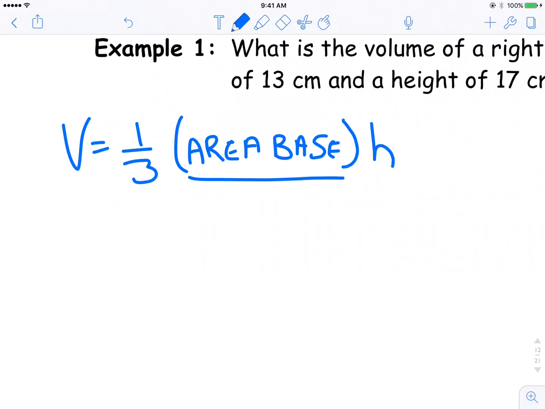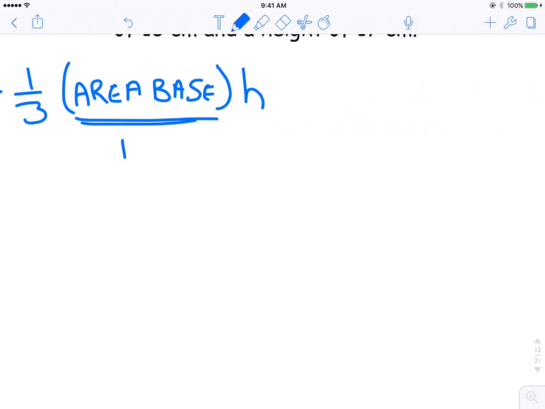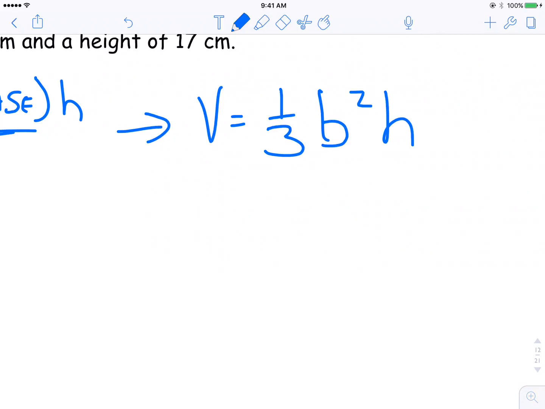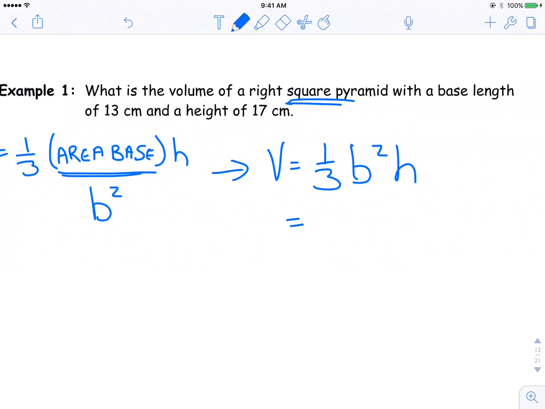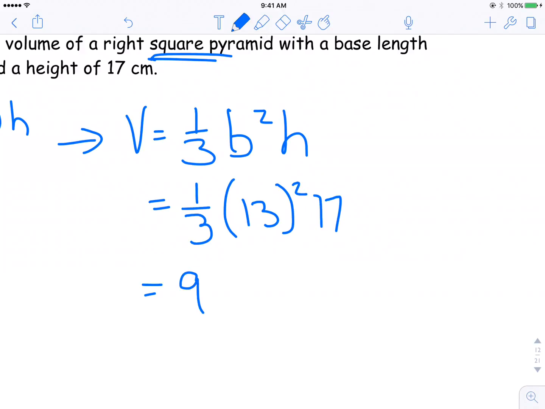This is the area of the base, and because our pyramid is square based, I know that this could also be represented as base squared. So my formula can be represented as volume is equal to 1/3 base squared times height. Substitute in my numbers. Base length of 13, a height of 17, so this is going to be 1/3 times 13 squared times 17, which works out on your calculator to 957.6666667.